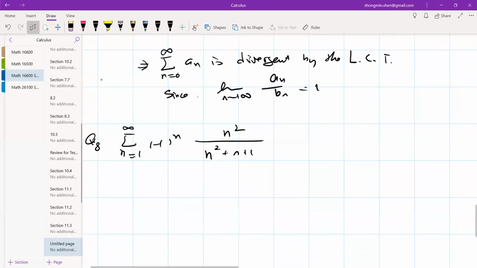Make a conjecture whether it's convergent or divergent.